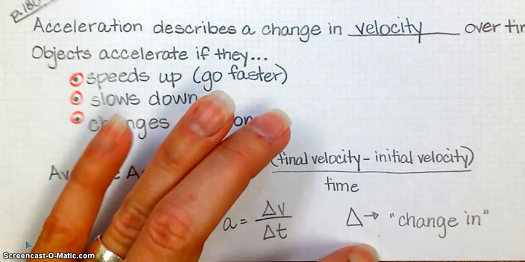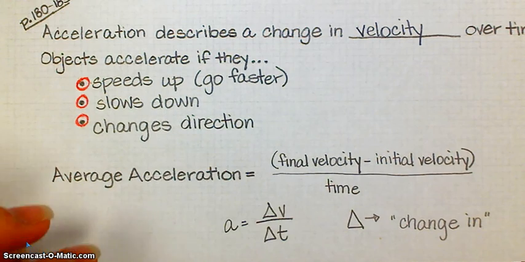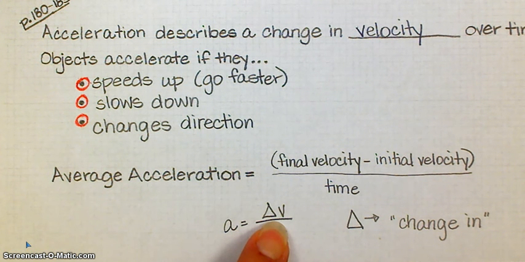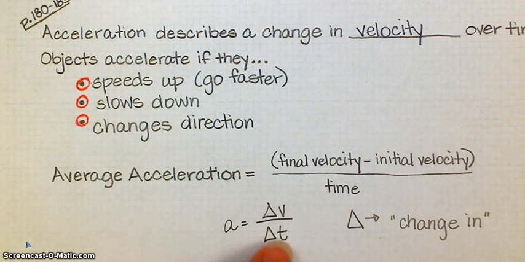You'll see that a lot if you take any fancy science classes later on. The triangle is actually a Greek symbol, delta. If I put change in velocity divided by change in time, I can just write it triangle v divided by triangle t. Does that make sense to you guys? That's just shorthand, an abbreviation. It's a way for me to write it quicker.